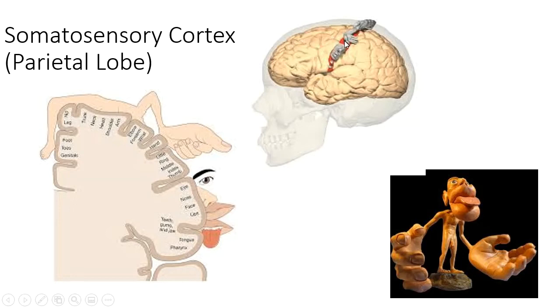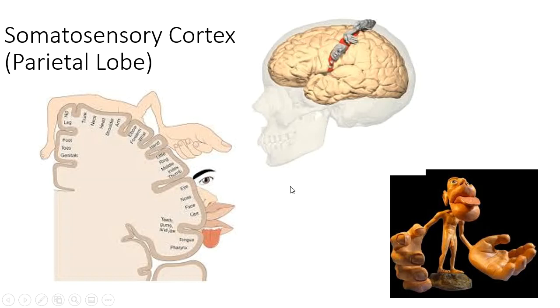In this area of the parietal lobe, there's a spot called the somatosensory cortex, and it's basically where all the sensations are processed in the brain. If you get burned on your hand, it will get processed up here. If you get burned on your face, it will get processed up here.